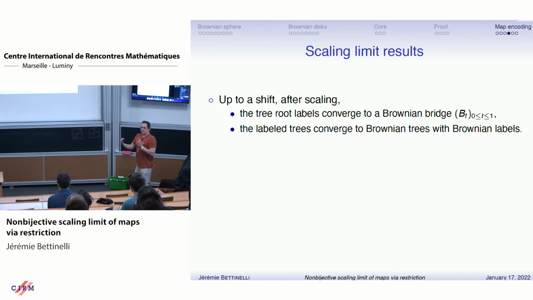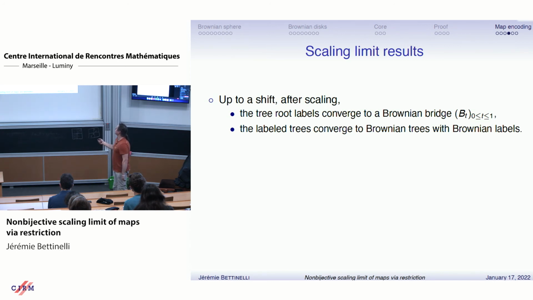So this encoding passes to the limit, like this. Well, there is a shift because I asked the labels to be positive. That's not very important. After scaling, the labels on the boundary converge to a Brownian bridge that I will denote by B. And the trees of the forest with their labels all converge to Brownian trees with Brownian labels.